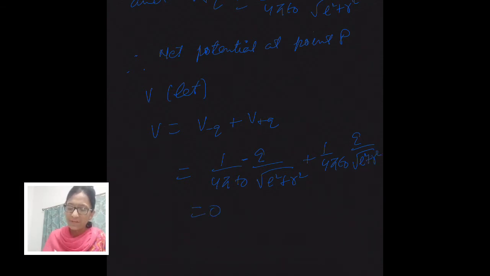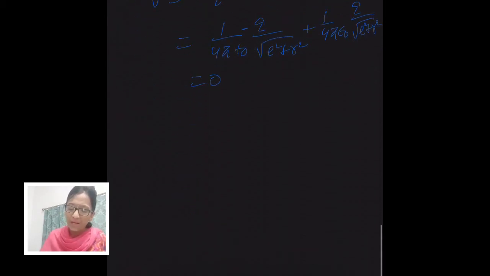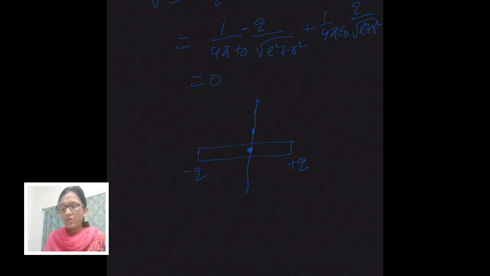So this is equal to 0. At an axial point it is equal to Kp upon R square, and at the equatorial point, at every point on this equatorial line, you have potential 0.